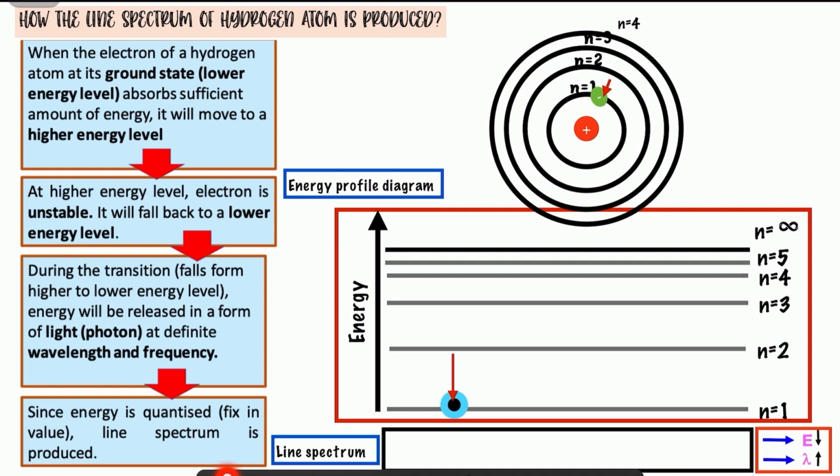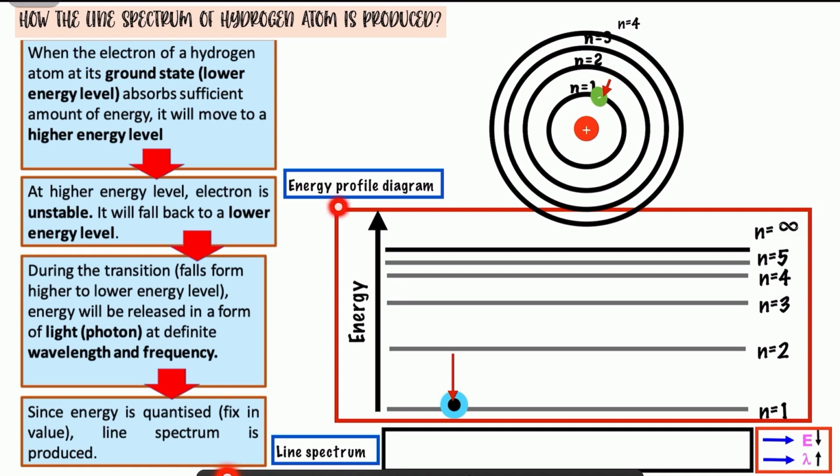The electron is unstable. So it will fall back to the lower energy level. From this diagram, I show you the electron makes a transition from n equal to 2 to n equal to 1.